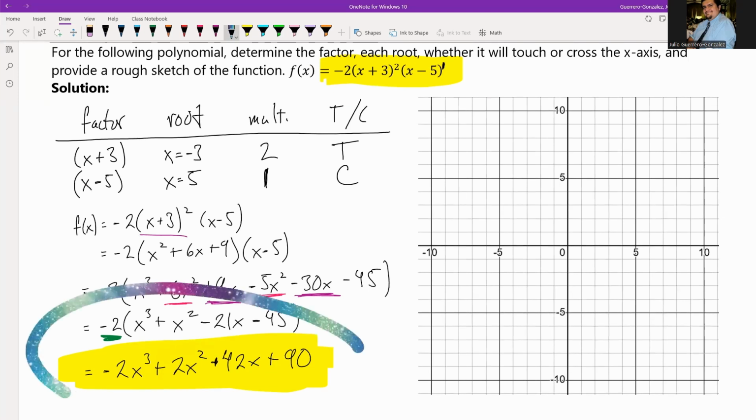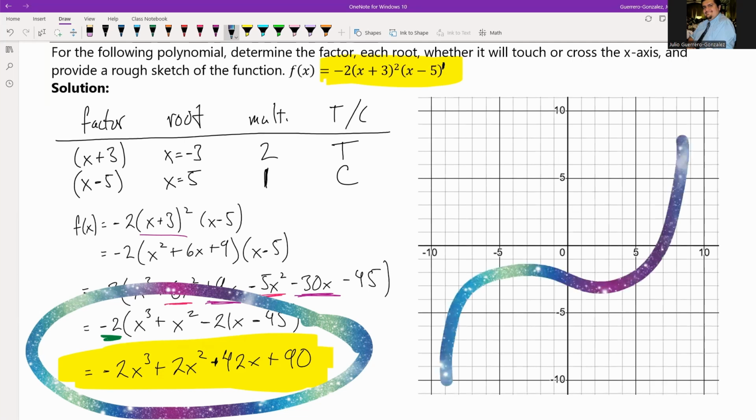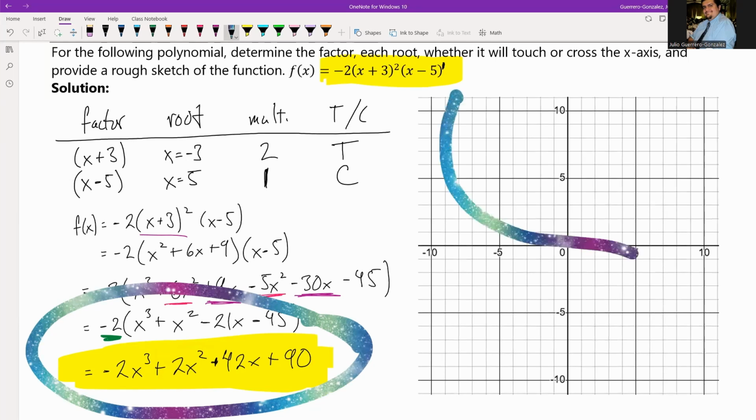Because of this version, this graph is going to look like x cubed, right? So that's going to be a squiggle. It's going to be one of these, a whoosh, right? It's a negative 2 up front, so this is going to be an upside down squiggle. So we get to flip it. It's going to look like this.